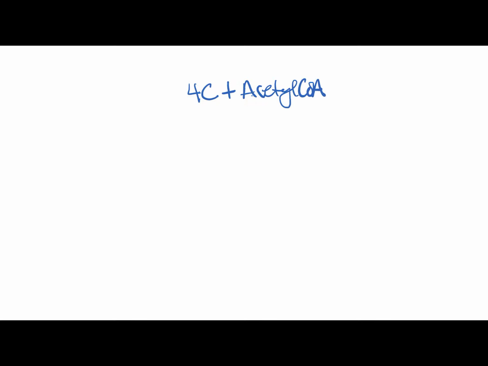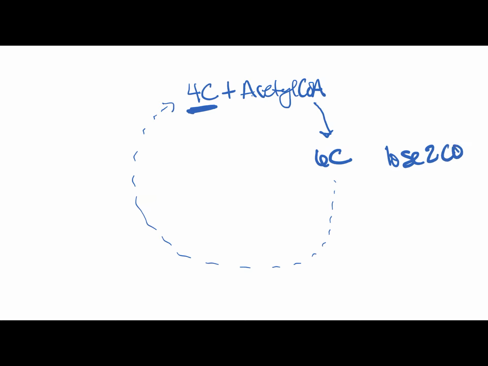Okay, so we've got a 4-carbon molecule plus our 2-carbon acetyl-CoA, and we get a 6-carbon molecule. Well, if this is a cycle, by the time we get back here, we've got to be back to our original 4-carbon molecule. That's why we lose 2 CO2s, okay? Because we've got to get our original starting product back, okay?